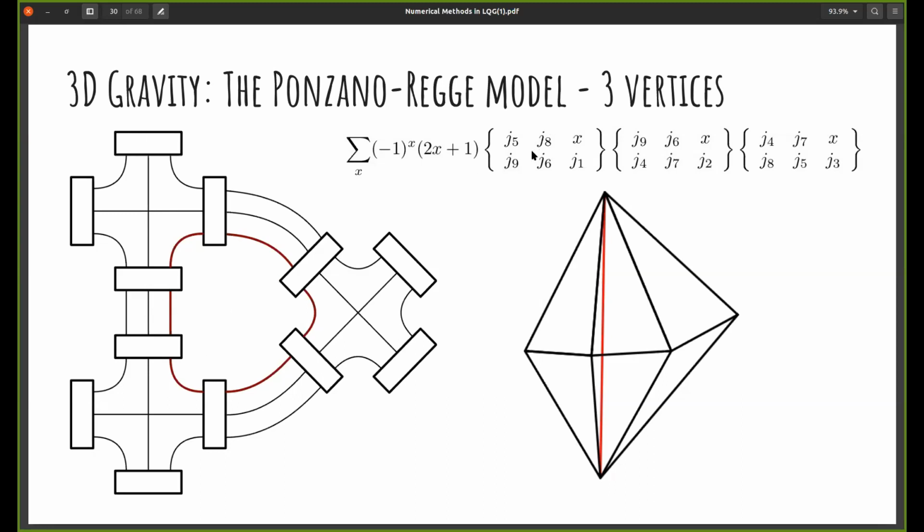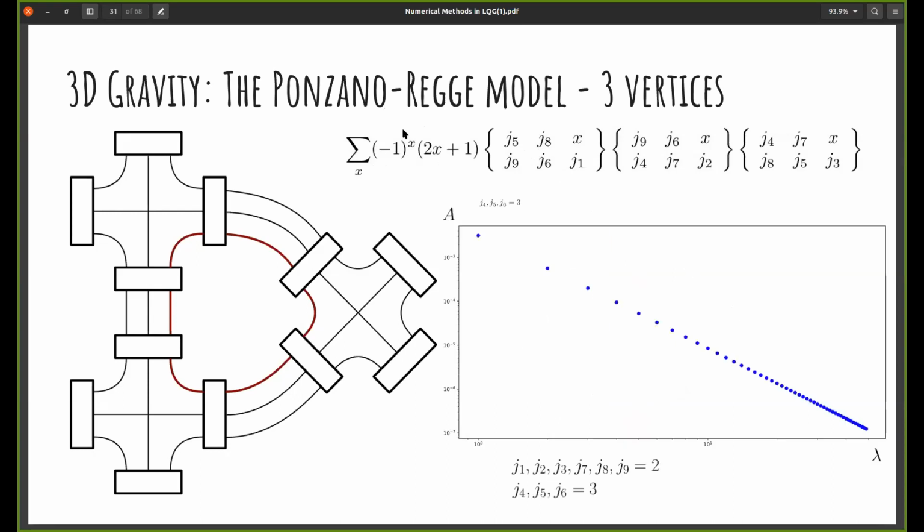If you follow the recipe step by step, you also get the extra phase. Don't worry about it. It's not that important for what we are concerned. So the first step is to look at the asymptotics.